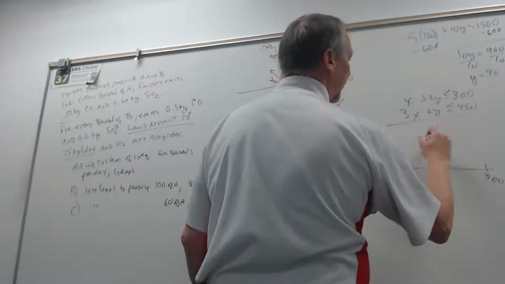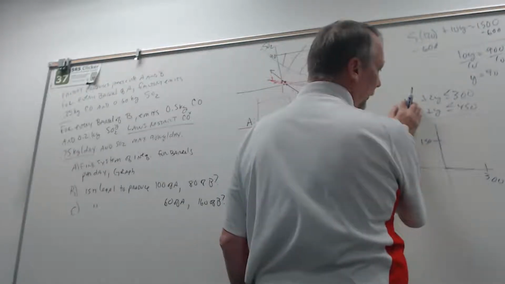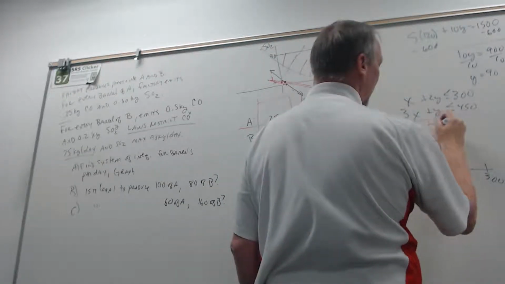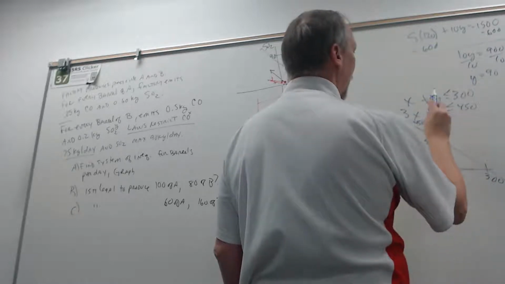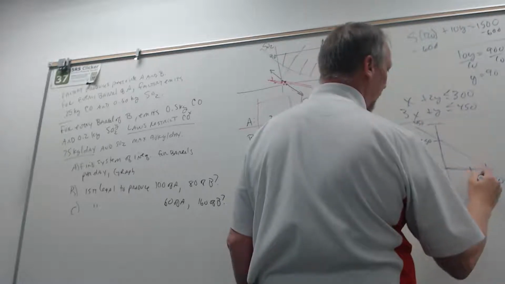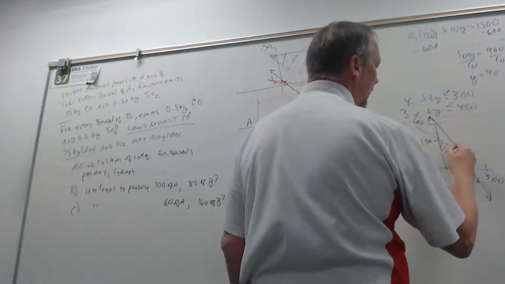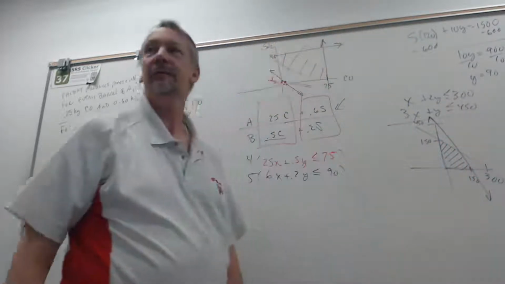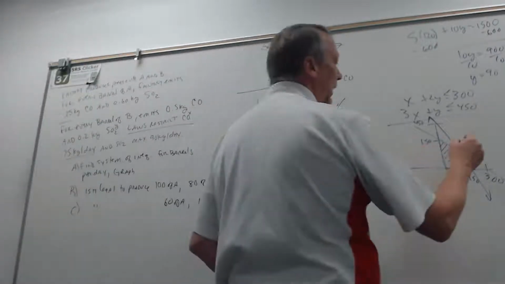This is 150. Now we do this one. If x is 0, y is 450. If y is 0, x is 150. Okay, so this is what it looks like. This is the area that we need to worry about, right? That's much better. This graph was completely wrong because we're talking about totals.